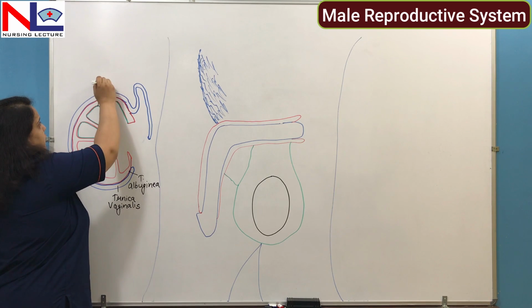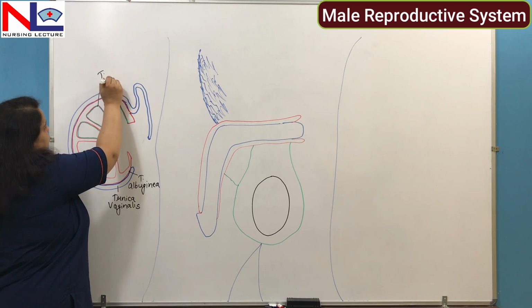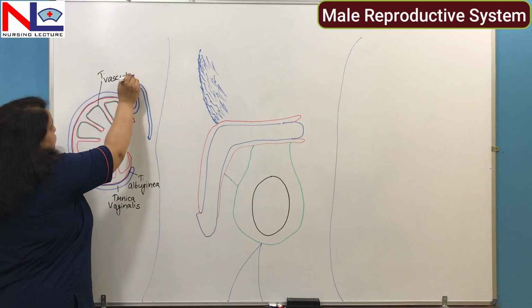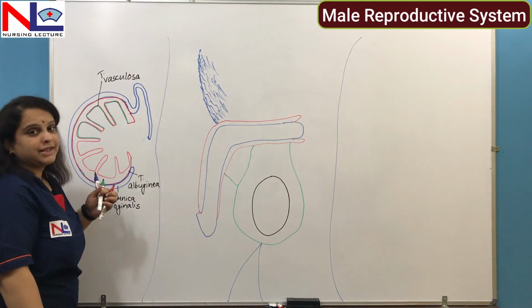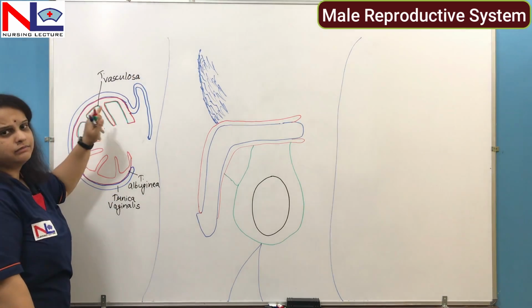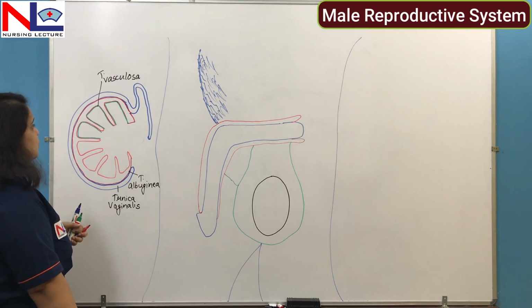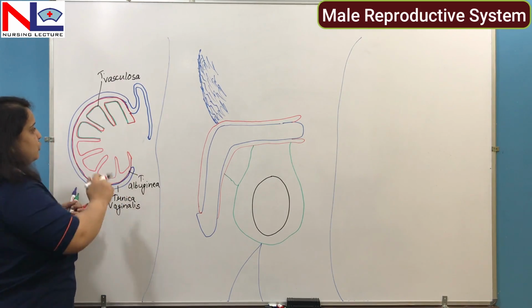So the green one is the tunica vasculosa. As the name suggests, vasculosa means it is rich in blood vessels. This lines the inner aspect of the lobule.